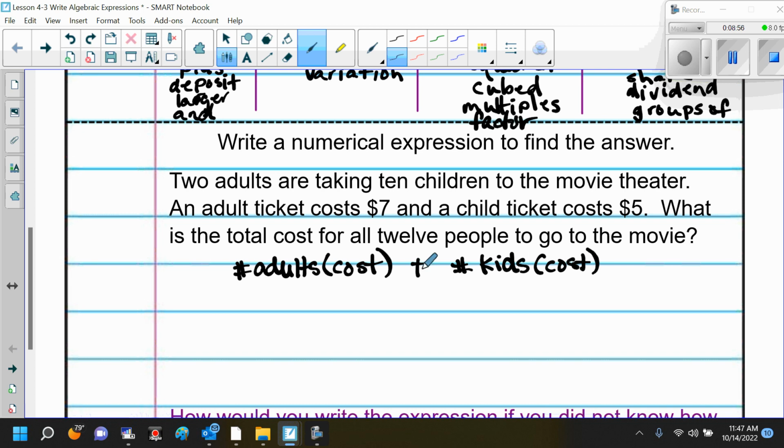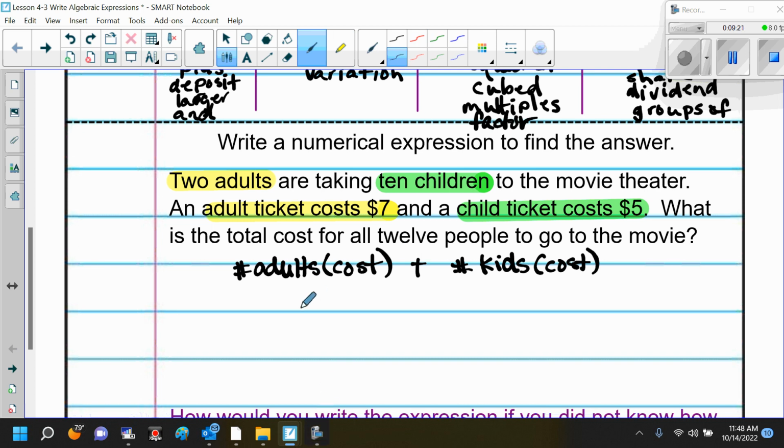Is everybody clear? So, how many adults do we have going? We have 2 adults. An adult ticket costs $7. And then we have 10 kids going, and the kids' ticket costs $5. So now we're going to put these numbers into our sentence here.